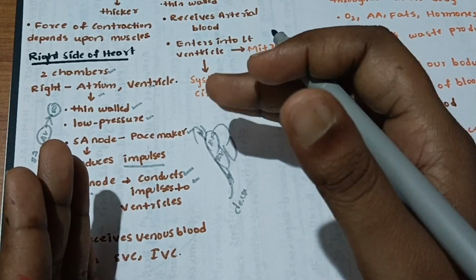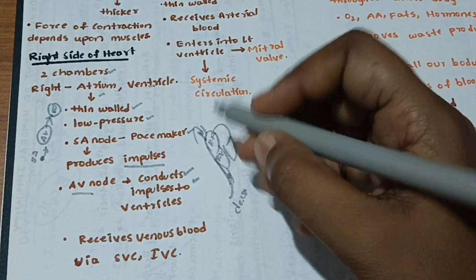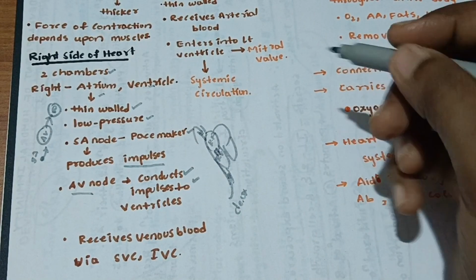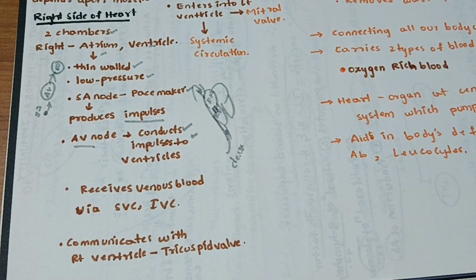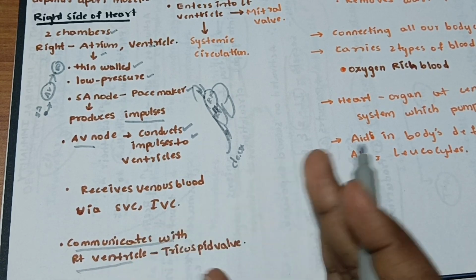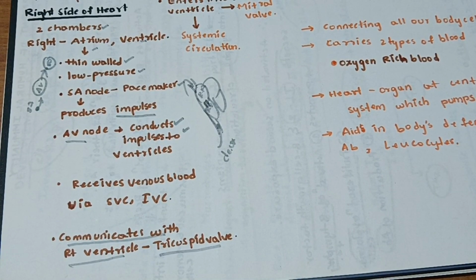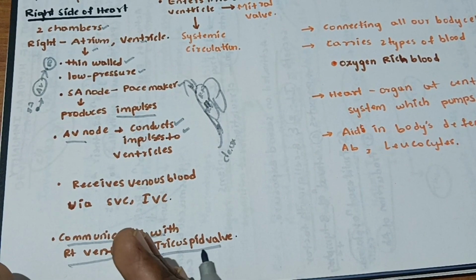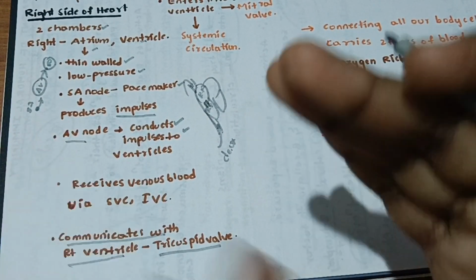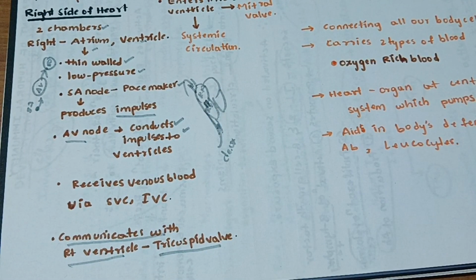The complete venous blood is thrown into the right atrium, from where it enters the right ventricle through a valve known as the tricuspid valve. The right atrium communicates with the right ventricle through the tricuspid valve.